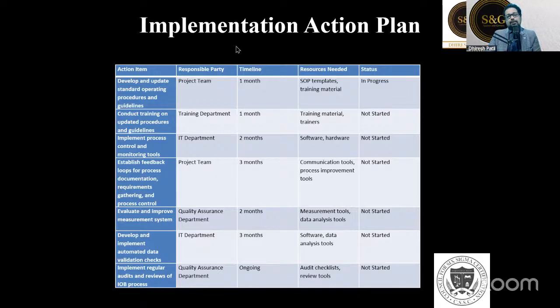In the implementation action plan, they identify what action has to be taken, who is responsible for this, what will be the timeline, what resources are needed, and what is the status. Is it started, in progress, completed, not started? That can be basically shown. So this is called an implementation action plan.